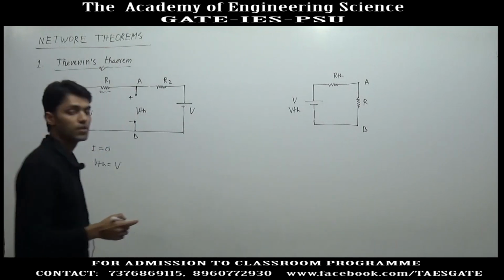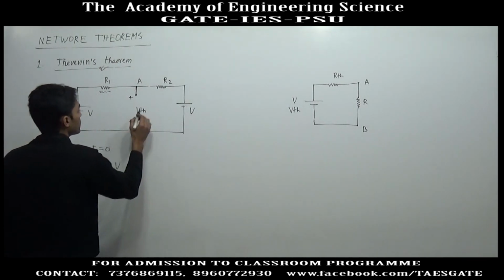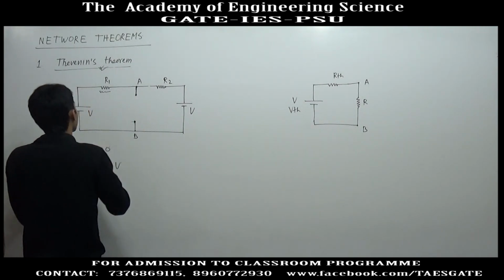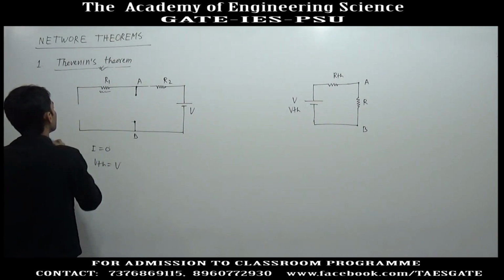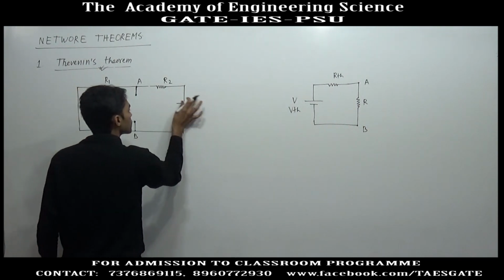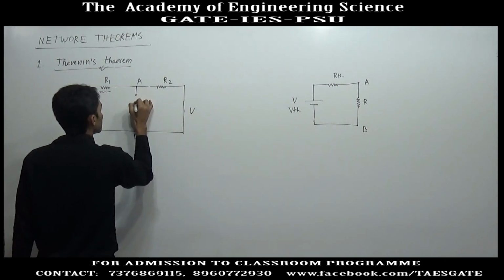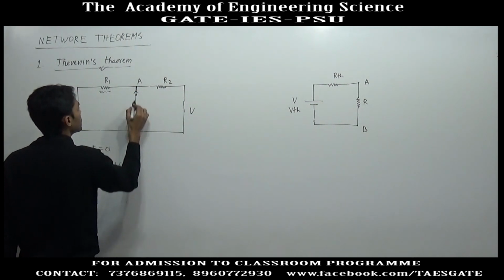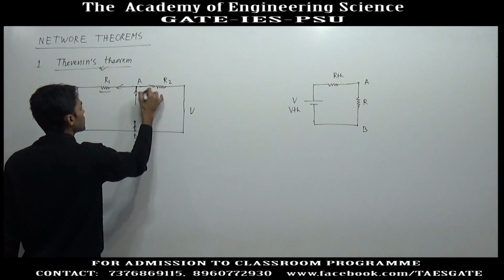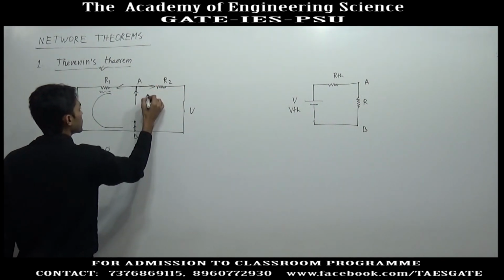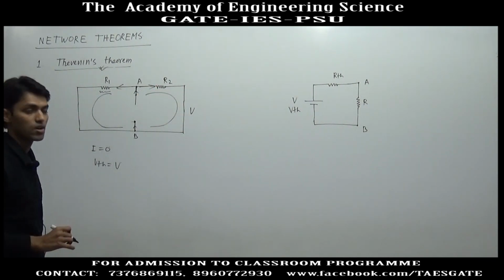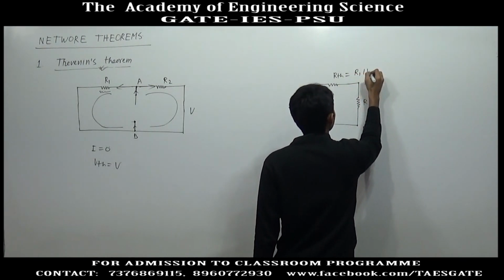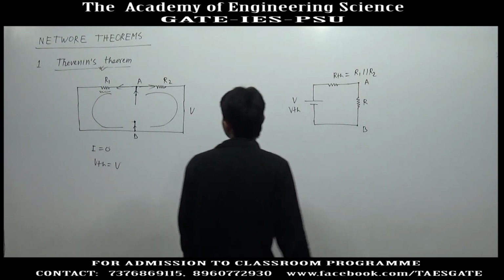And if we try to find out RTH, the voltage sources will be short circuited, and if we flow a current from here, the same current will come here, there will be a distribution of current. This is one path, this is another. So R1 and R2 are in parallel. So RTH is equal to R1 parallel R2.